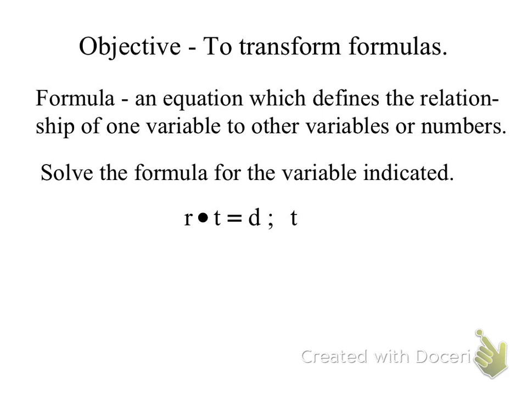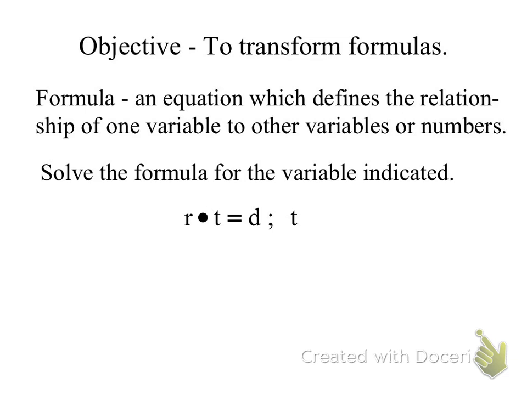So when you see this little semicolon, it means solve for t. Get t alone. So since r times t equals d, what's happening to t is it's being multiplied by r, so we do the inverse operations. I do have a poster up there. So inverse operations. The opposite of multiplying is dividing.